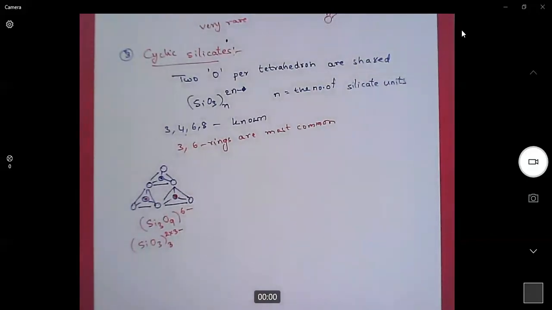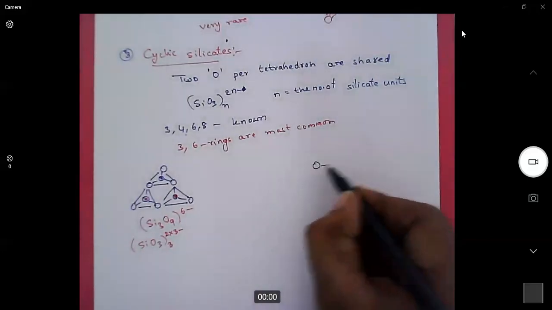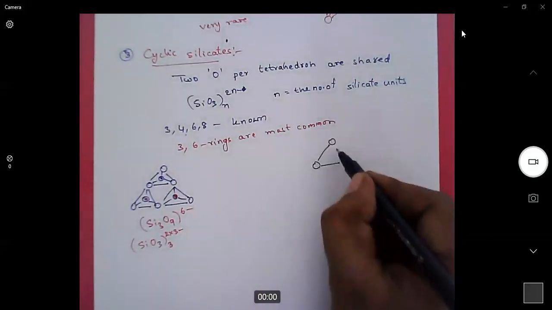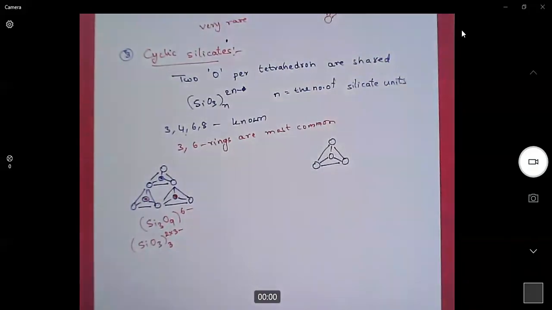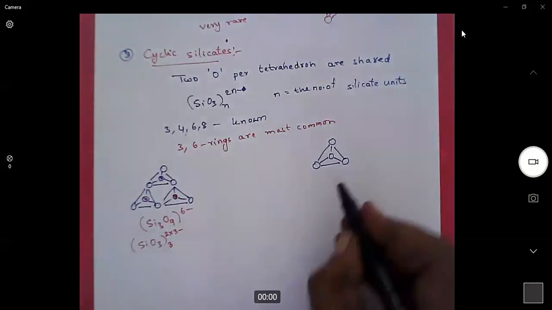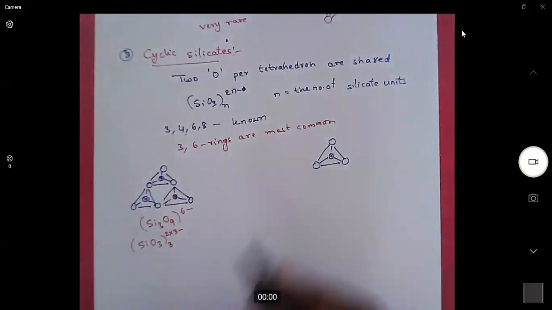Now I will also draw 6-membered silicates. As I said, in each silicate in cyclic silicates, 2 oxygens must be shared.